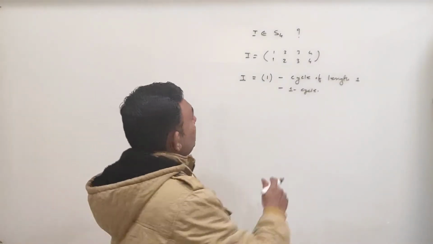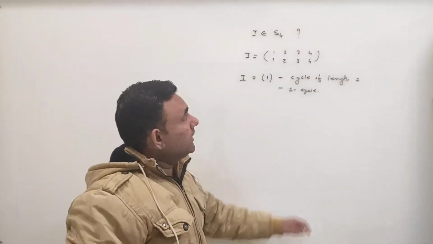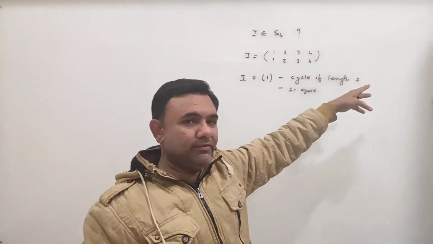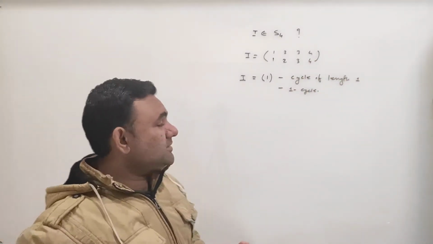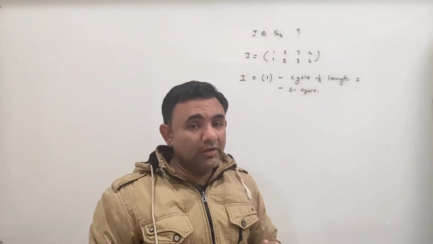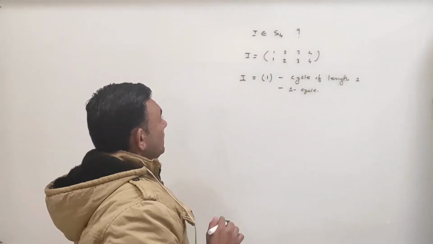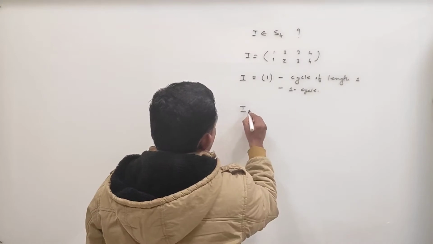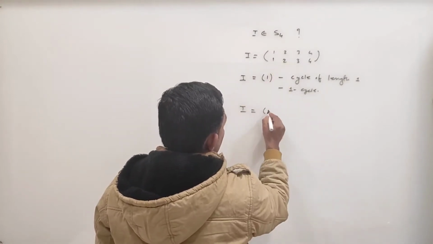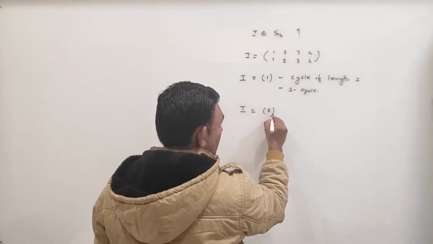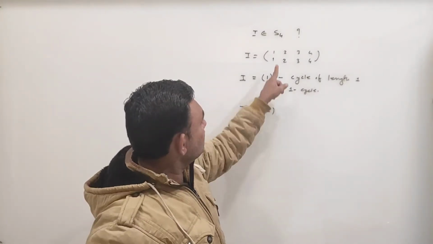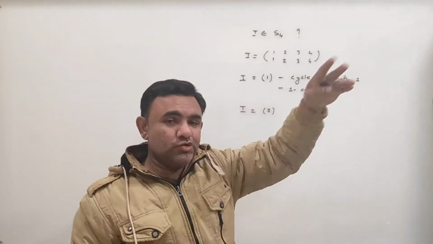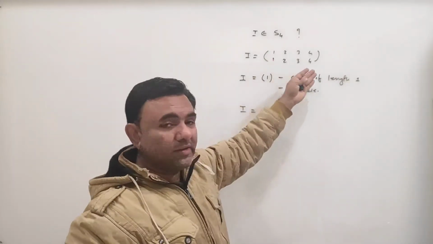If I consider here S5, then I have 5 goes to 5, and we have the same thing, right? So in Sn, the identity element is a cycle of length 1. Or I can write in this way also. Let me start with 2. So 2 goes to 2, so stop. And the remaining elements other than 2, that is 1, 3 and 4, should be invariant, and they are invariant, right?